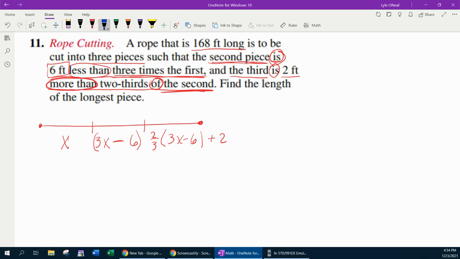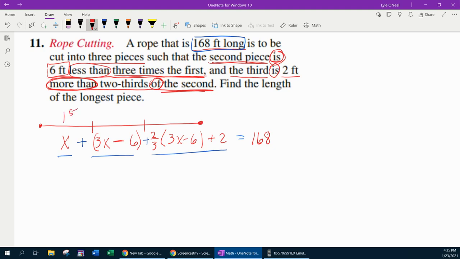So, what do you think would happen if I add all three pieces? What should it equal if I add all three pieces together? Well, it should equal the total length, which was 168. And do you see now I have an equation that I can solve for x?